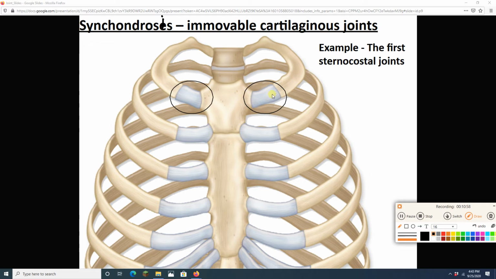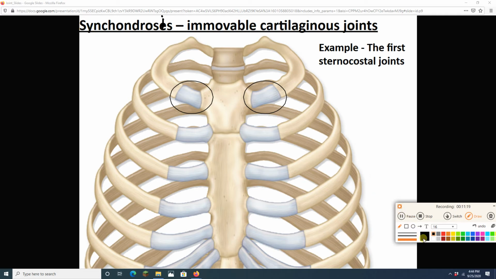It is cartilaginous. I know you think about your ribs as moving when you expand your thoracic cage, when you take that big, deep breath in. Well, this is one immovable joint that we've got here, okay? Syn, S-Y-N, means together.